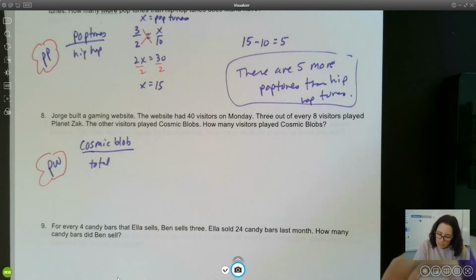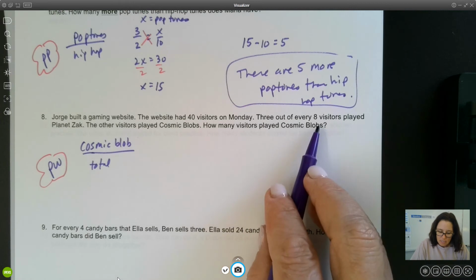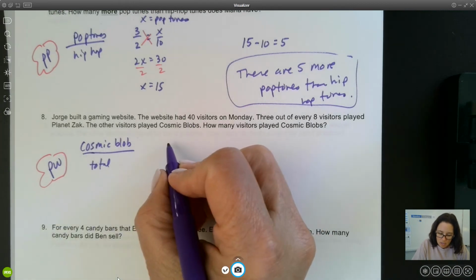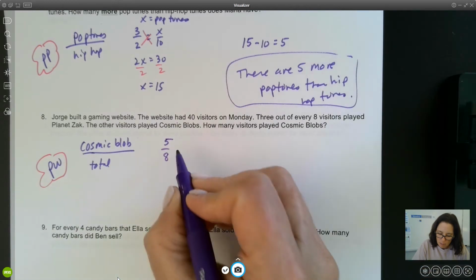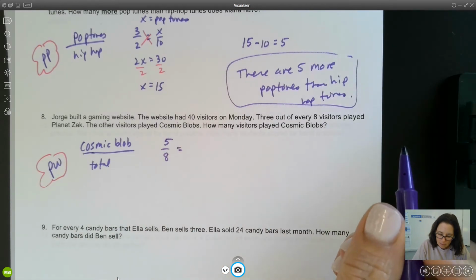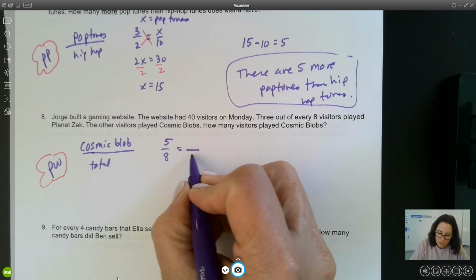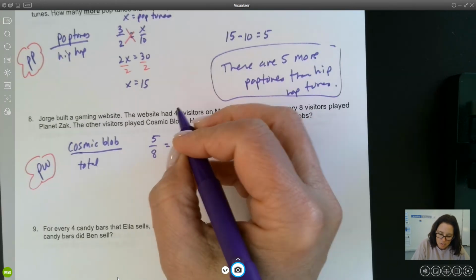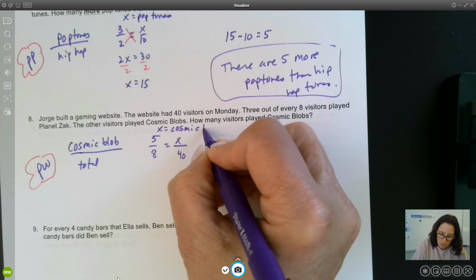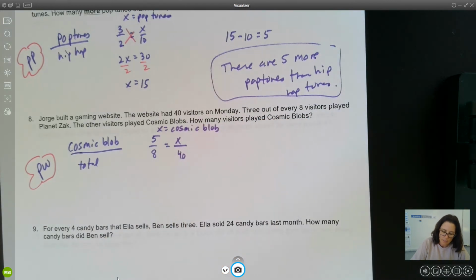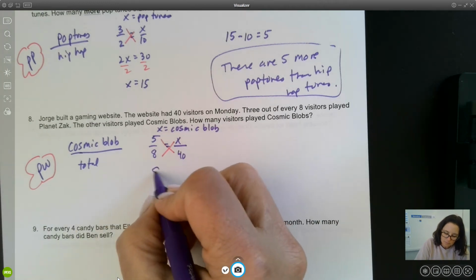All right, it says 3 out of 8 played Planet Zack. So the others, that's 5 out of 8 are Cosmic Blob. Okay, 40 total visitors. My X this time stands for cosmic blob visitors. So I've got 8x equals 200.